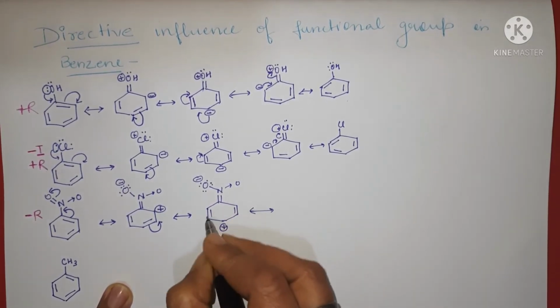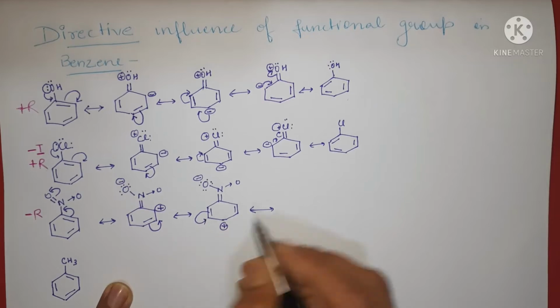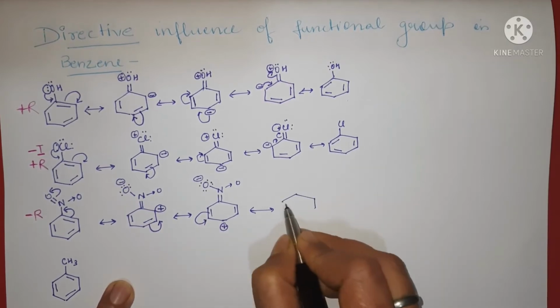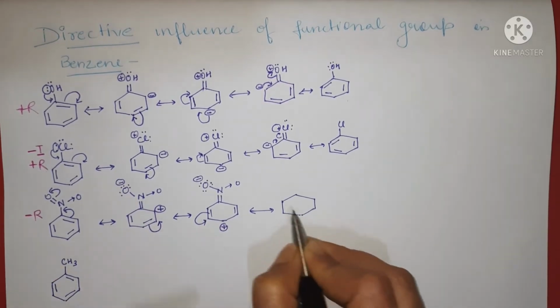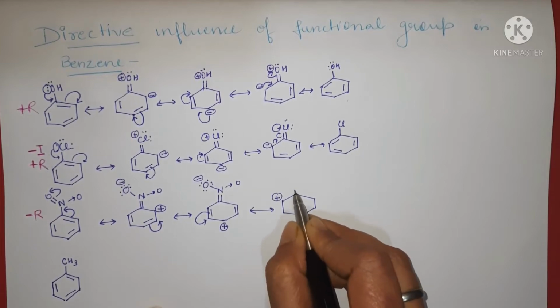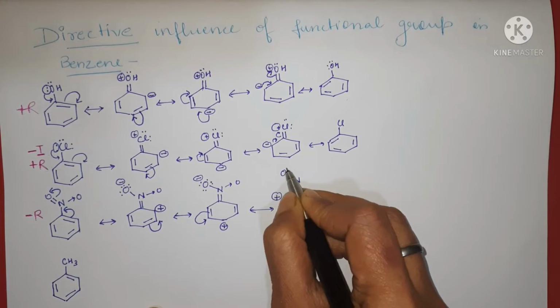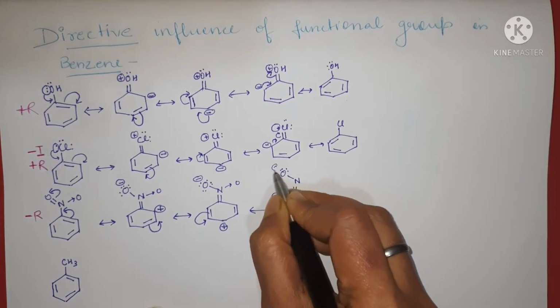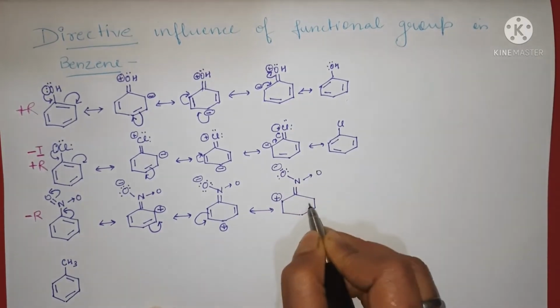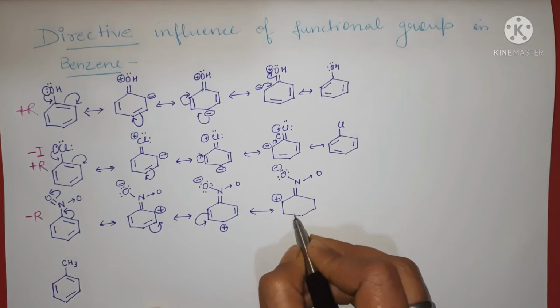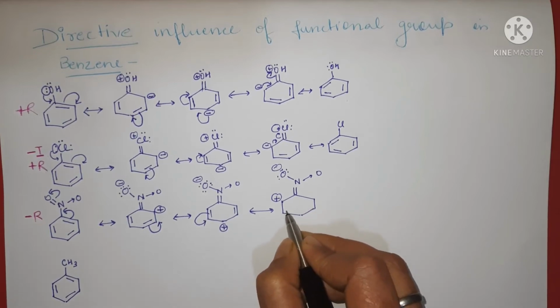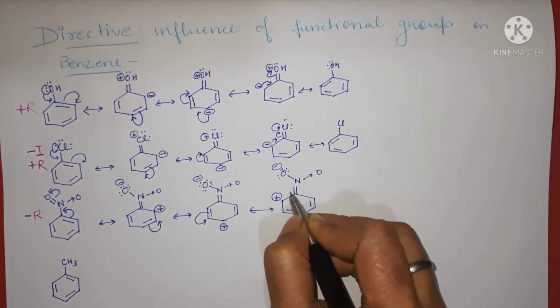Again, what is going to happen, this charge will move here, sorry, the electron will move here and the charge will move here, nitrogen, and the double bonds here and here.